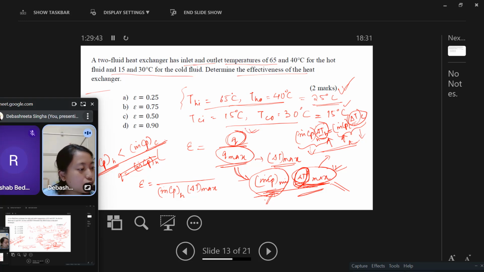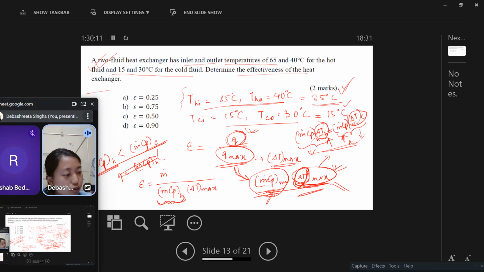And above Q, you may write MCP delta T for hot fluid or MCP delta T for cold fluid, both the ways. But which will be beneficial for you? Because in this question, none of the mass flow rate or heat capacities are given for both hot and cold. So you can think of a way to cancel this out.